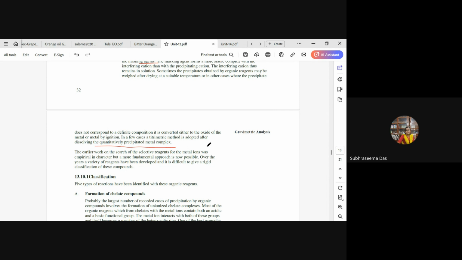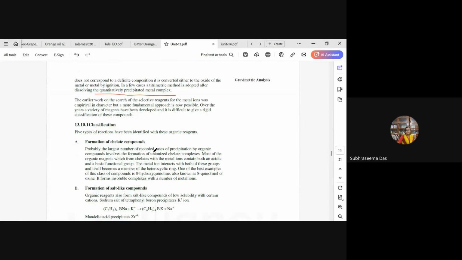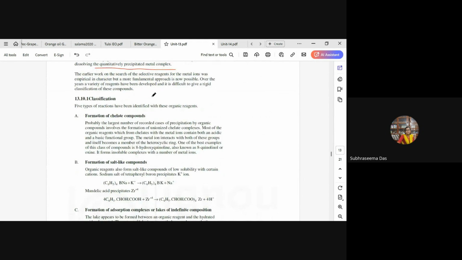Now, we will talk about the different types of classification of chemical reactions that have been identified with organic reagents. First is the formation of chelate compounds. Now we know chelate compounds are the compounds that have a ring-like structure. Here we find the largest number of recorded cases of precipitation by organic compounds.